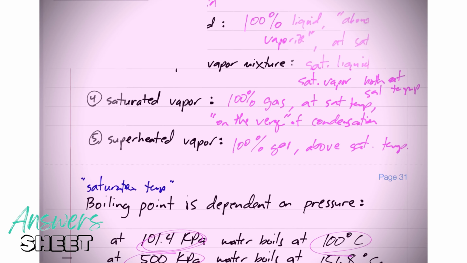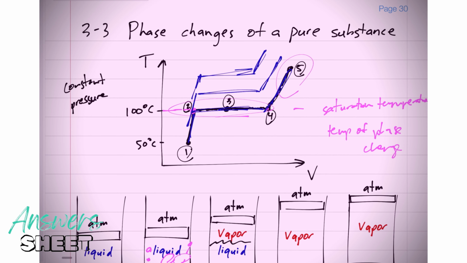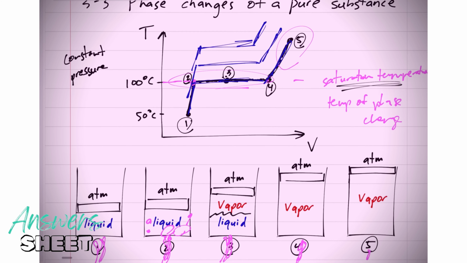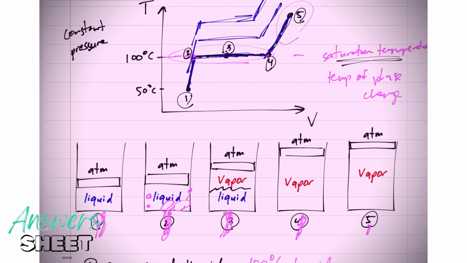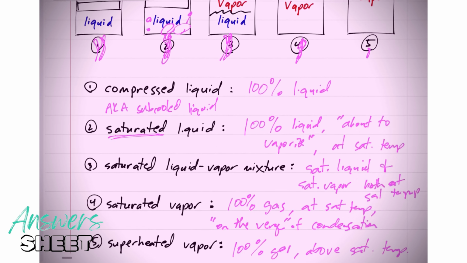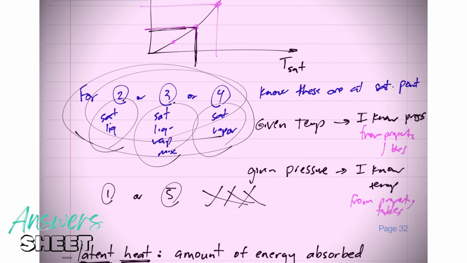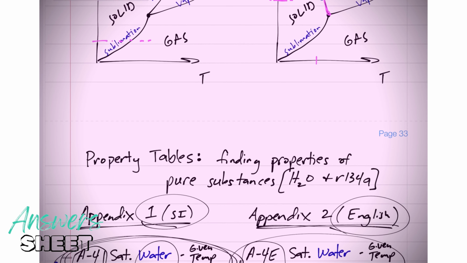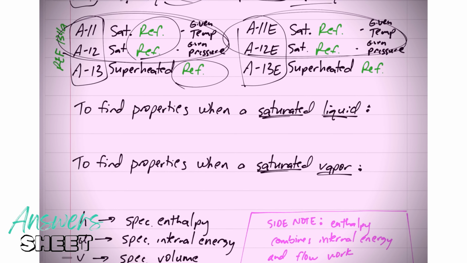So going back to the phase diagram, at points 2, 3, and 4, I would be at the saturation temperature, so I would be looking at the saturated tables: tables 4 and 5 or 11 and 12. Whereas if I'm superheated, I would look at the superheated table, and if I'm a compressed liquid, I would look at the compressed liquid tables.